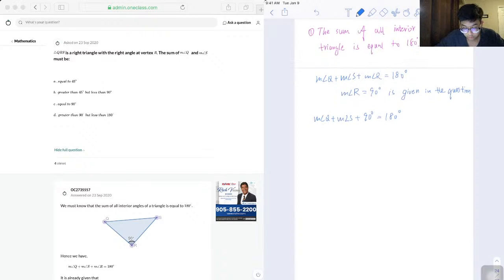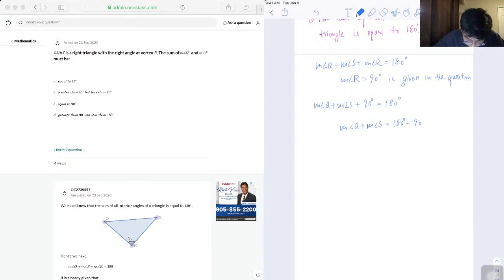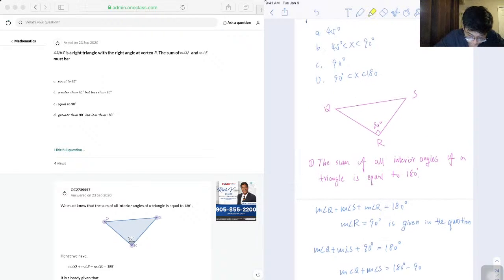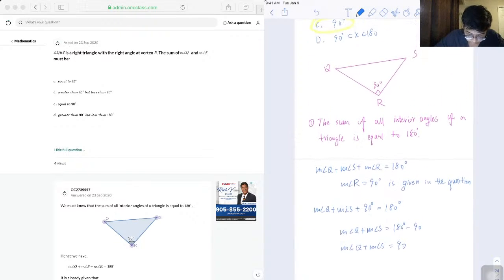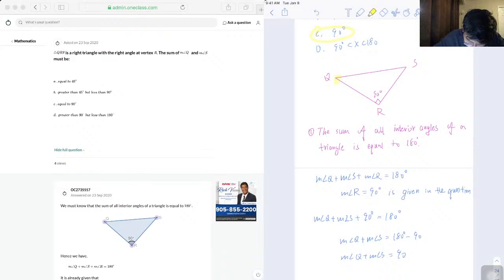And we subtract 90 degrees on both sides, so we get rid of the 90 degrees on the left hand side, which leaves us with Q plus S is equal to 180 minus 90, which means Q plus S is equal to 90. Right. So the correct answer should be C, since the sum of Q and S is equal to 90 degrees.